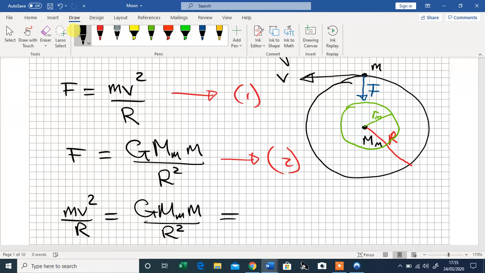And I'm going to use up this bit of space here. This implies that, as you can see, on both sides of that equation we've got a small letter m representing the satellite's mass. So that cancels with that, and one of the R's cancels with one of the R's on that side. So we're left with v squared equals G M over R, and that's M sub m, by the way, and we'll call that equation 3.